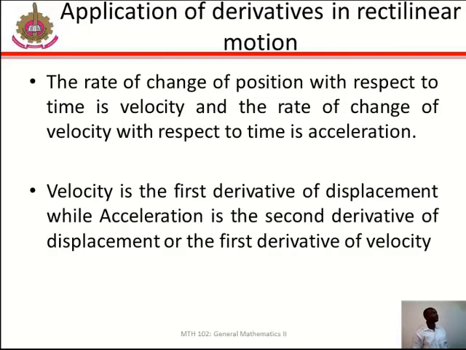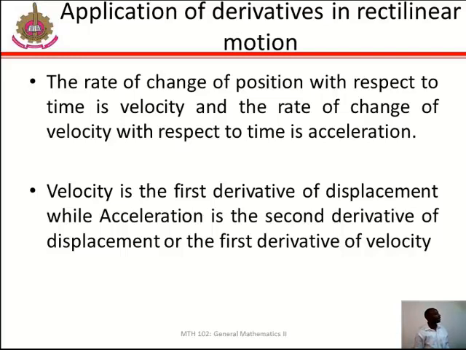Application of derivatives in rectilinear motion. Derivatives can be used to calculate instantaneous rate of change, that is, the rate of change of position with respect to time, which is known as velocity, and the rate of change of velocity with respect to time, which is known as acceleration.